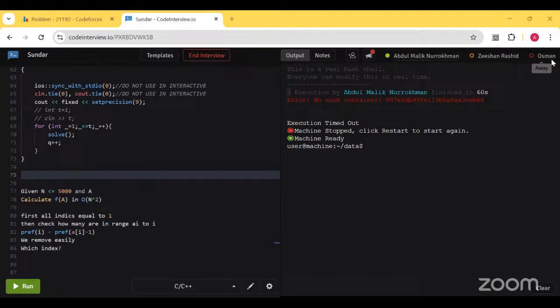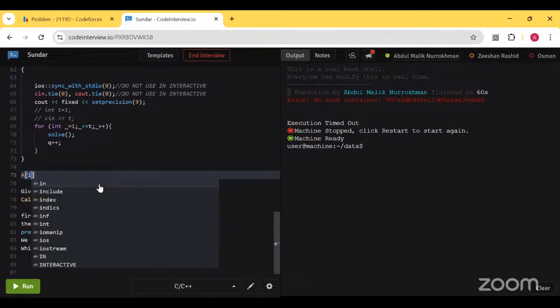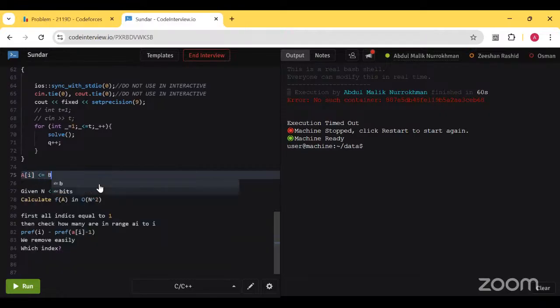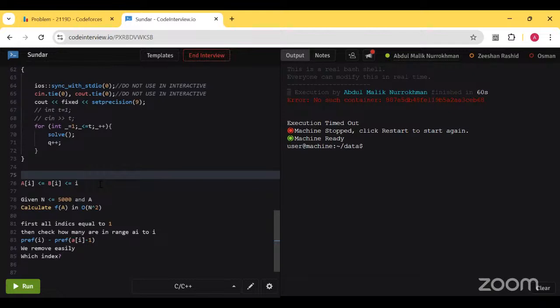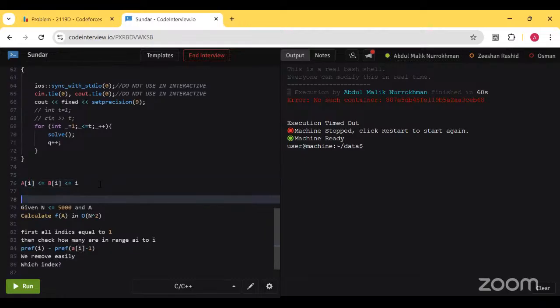Basically, if we want to find the score, it is just like we want to find the number of arrays p satisfying this, right? The number of arrays p satisfying this, and all p are different.